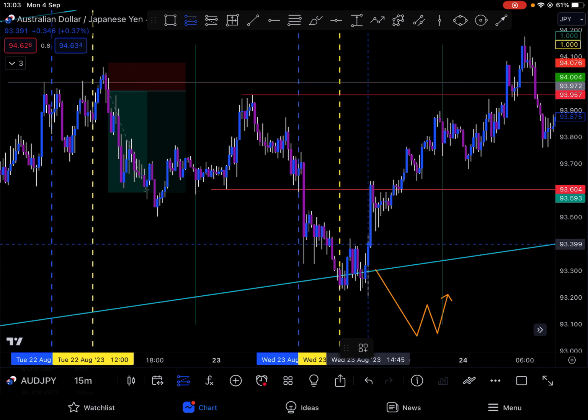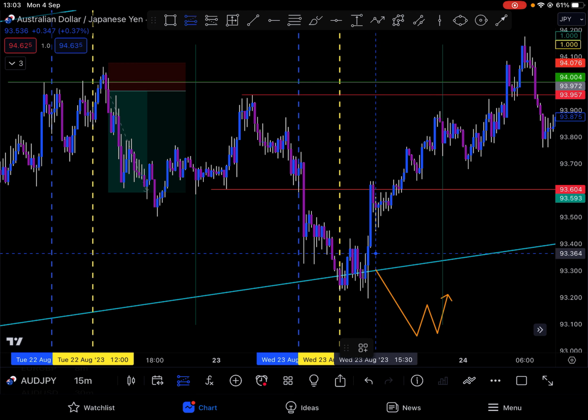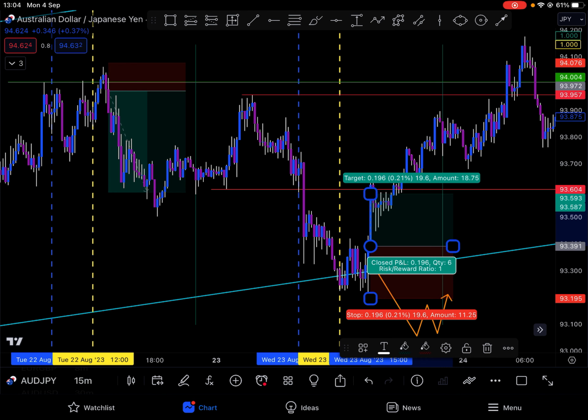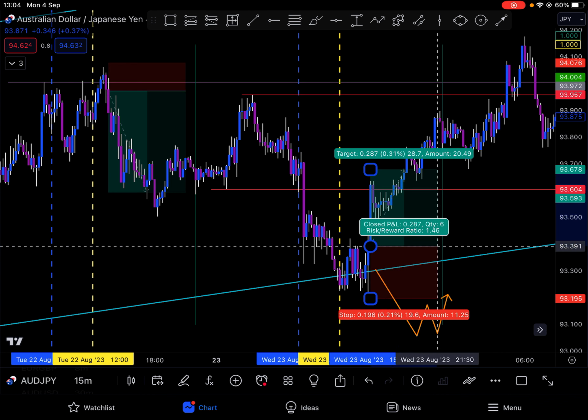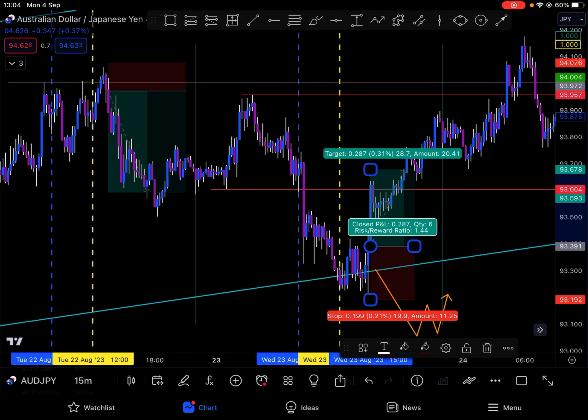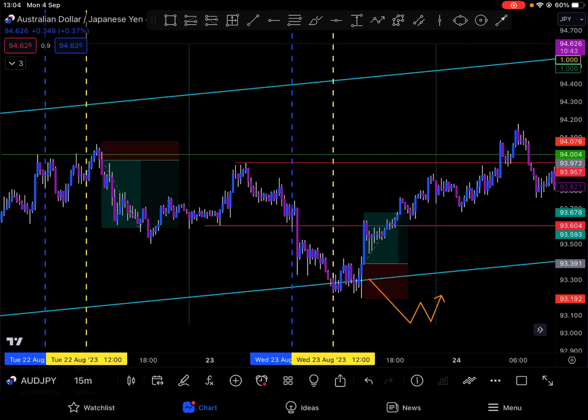The candle closed in the upper third of the entire candle, signifying that there are more buyers than sellers in it. So the bulls are strong and the sellers are weak. Since we have all these confirmations, we hop on the trade.